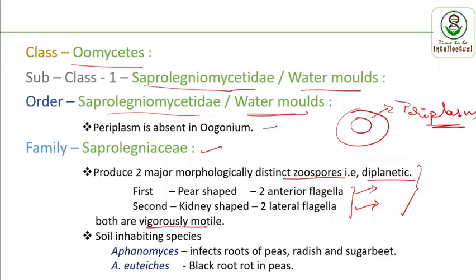Both are vigorously motile, and they are mainly soil inhabiting species. Aphanomyces euteiches causes black root in peas, and infects roots of peas, radish and sugar beet. Just remember the genus name. When it comes to this genus name, remember it is of Oomycota and the Saprolegniaceae family.